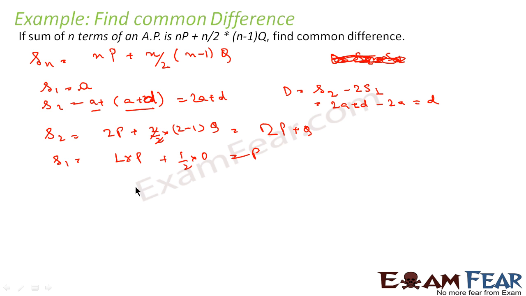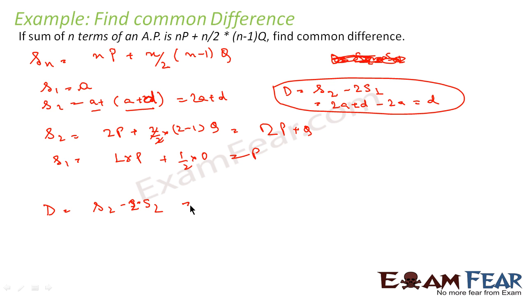So this becomes p. We know that d is equal to S2 minus 2S1, so this becomes 2p plus q minus 2p, and this becomes q. So d is nothing but q.